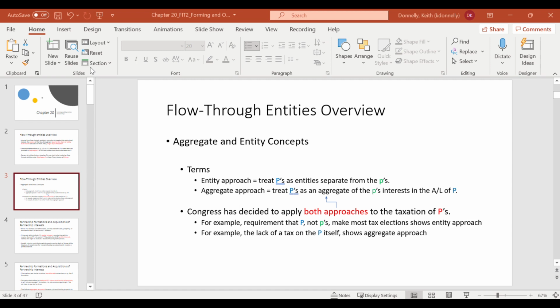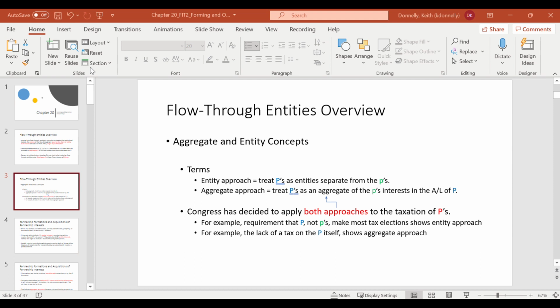Now, when we're talking about partnerships, under the tax law, they have different theories for how they would tax a partnership. There's the entity approach versus the aggregate approach. And the IRS code and the government use both approaches. So what's the difference between them?